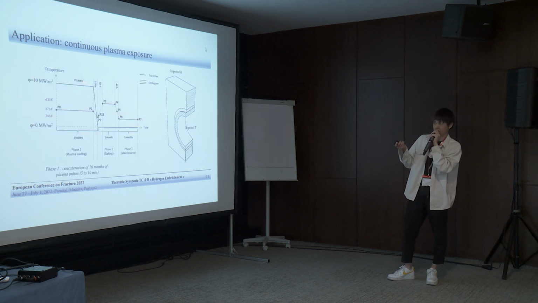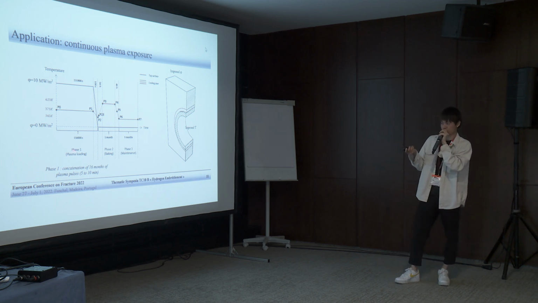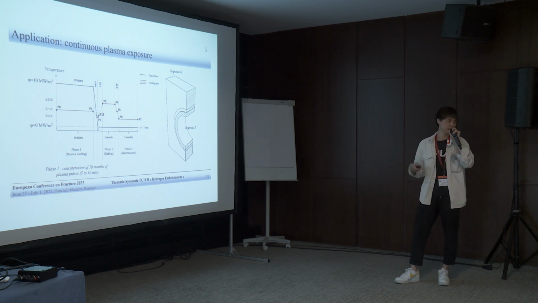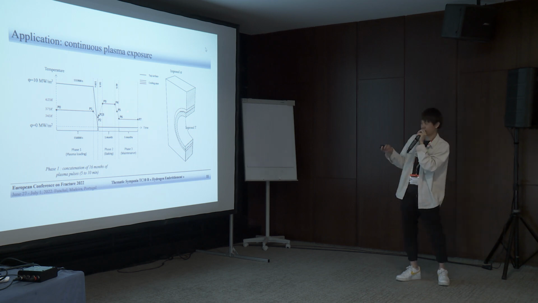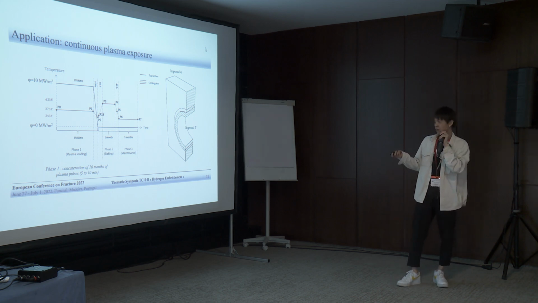Here represents the scenario of plasma loading. This scenario consists of three phases. Phase one corresponds to the continuous plasma exposure, phase two is the baking phase to remove the hydrogen from the monoblock, and the last, phase three, is a maintenance process with a lower constant temperature in the cooling pipe.